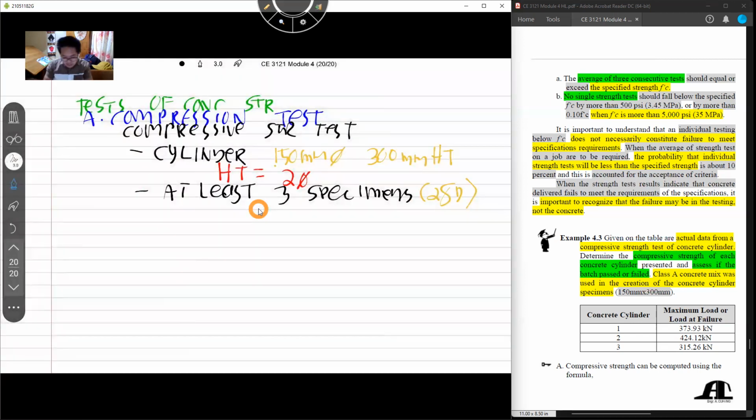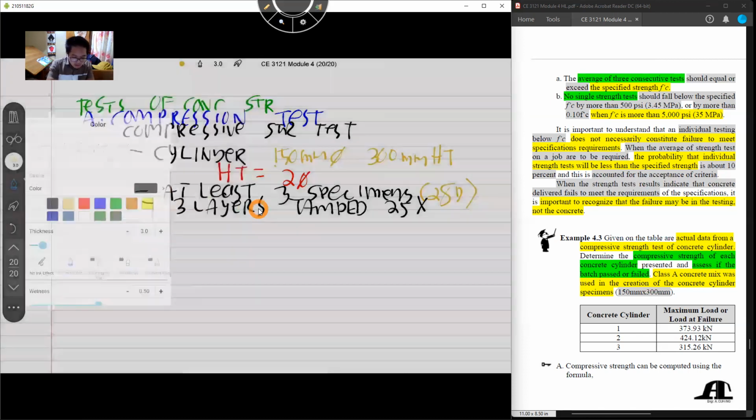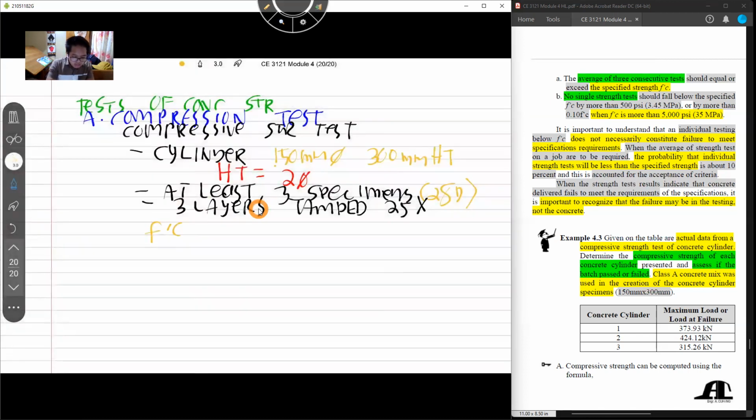Okay. Tapos again class, yung cylinder na yun class 3 layers. Tamp 25 times. Okay. Tapos meron tayong formula. Again, ang pinaka-formula natin class: strength of concrete is equal to yung maximum load all over class yung cross-sectional area.